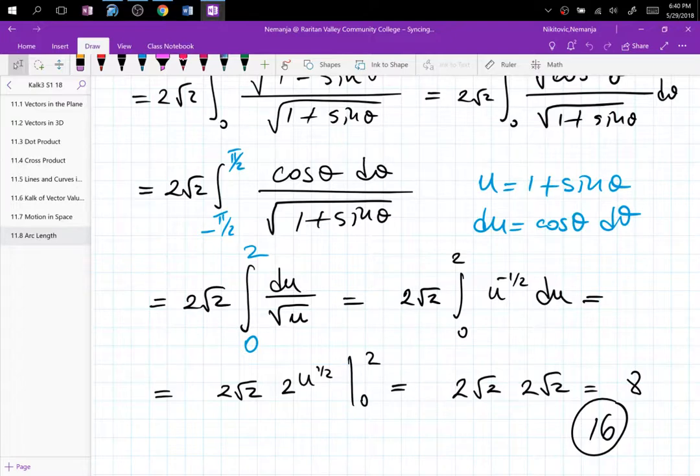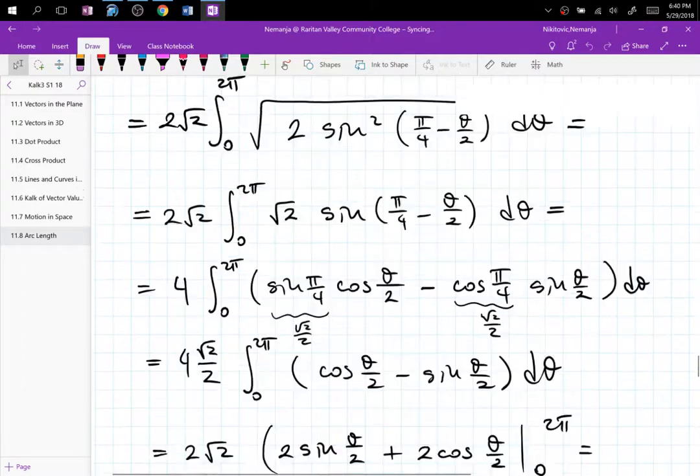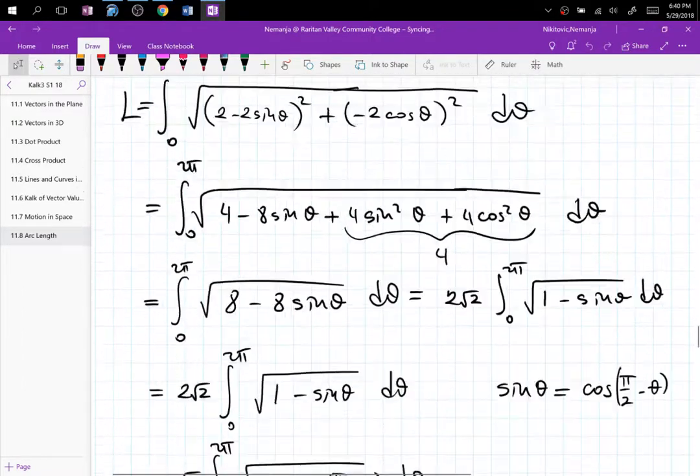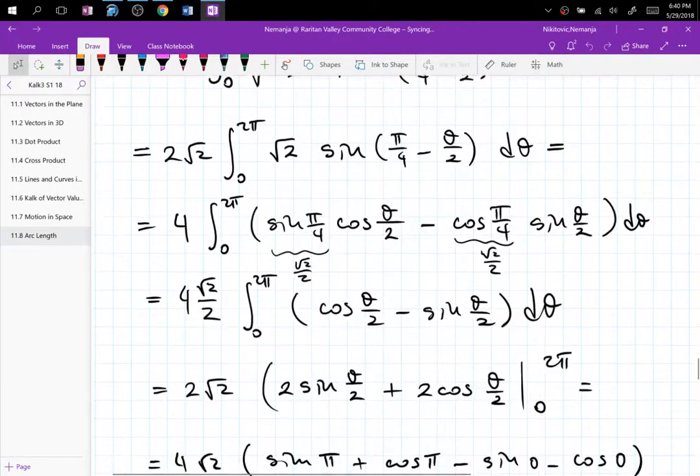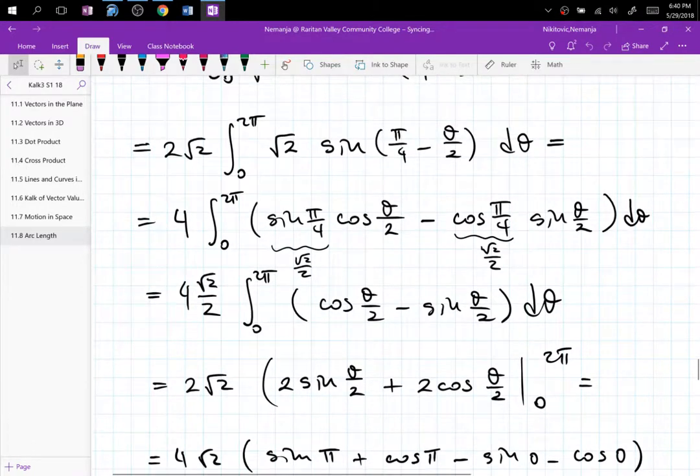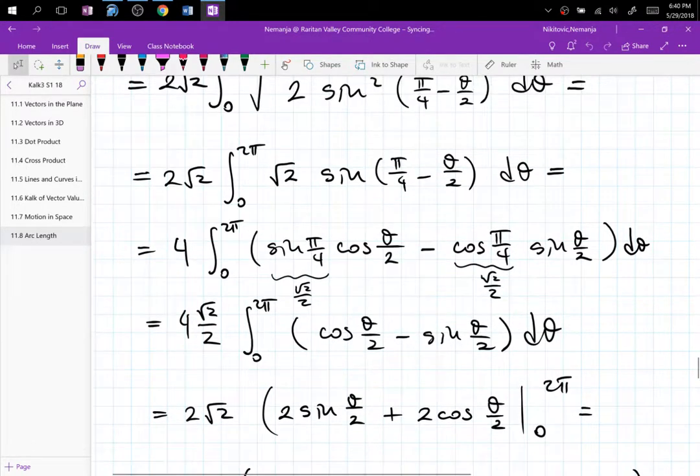Now, my question is, as I go back to doing this problem for the very first time, replacing all of the limits with negative pi over 2 to positive pi over 2, and then doubling the answer, that could fix the original problem that we had.